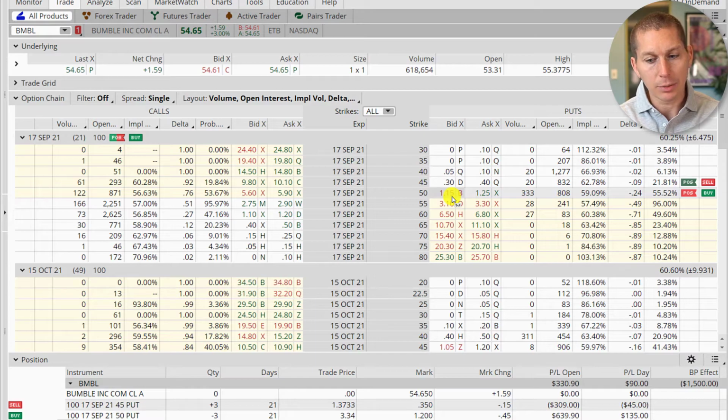Now, 5 cents on something like this, it's not the end of the world. When you start talking about bigger numbers, that's where slippage comes into play. A 5-cent spread or a 10-cent spread doesn't sound like a lot, but this is where the hidden cost of trading happens. You have commissions and you have slippage.